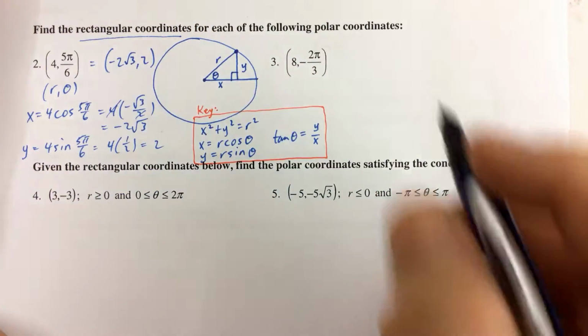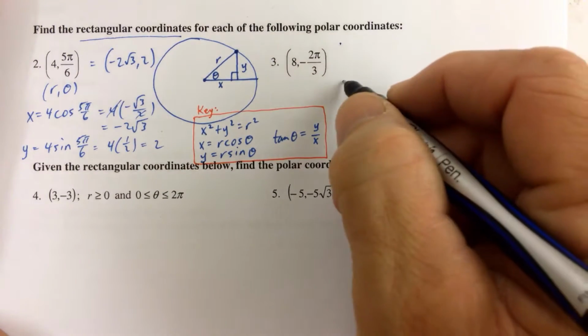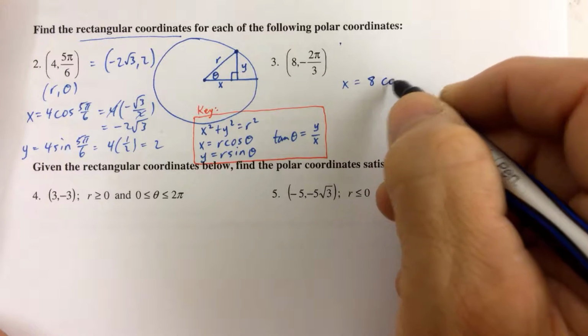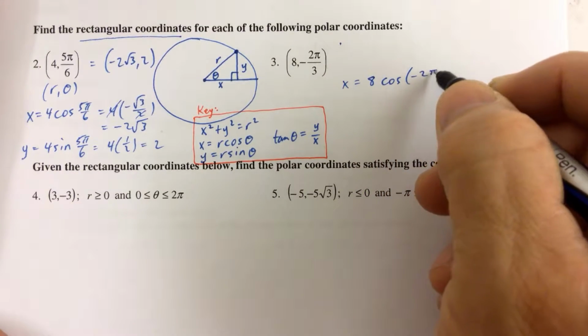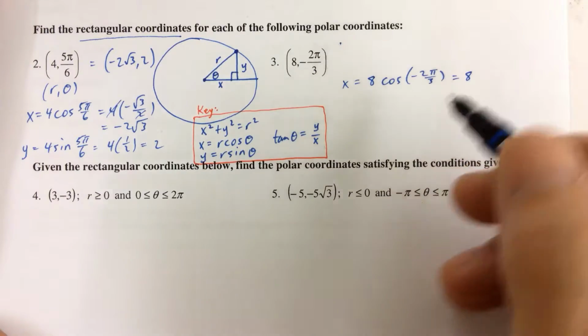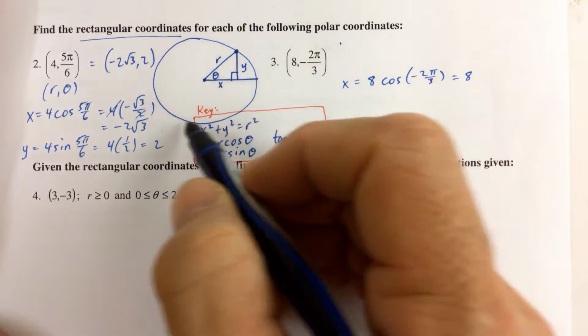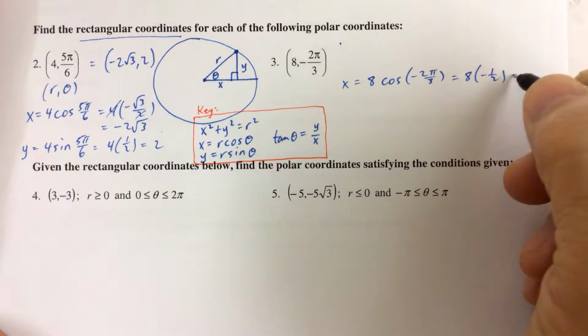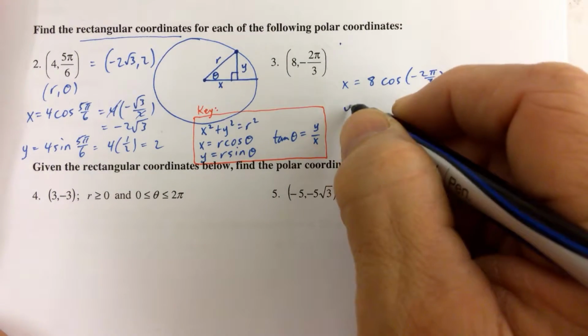So for number 3, let's do this down here. X equals r cosine theta. And the cosine of negative 2 pi over 3 is negative 1/2. And 8 times negative 1/2 is negative 4.